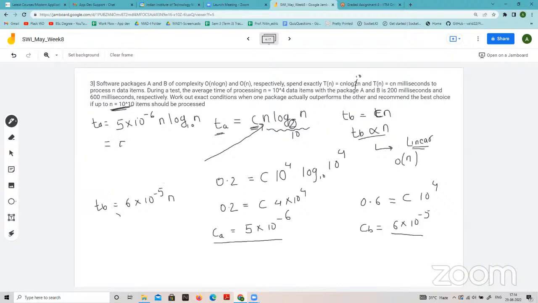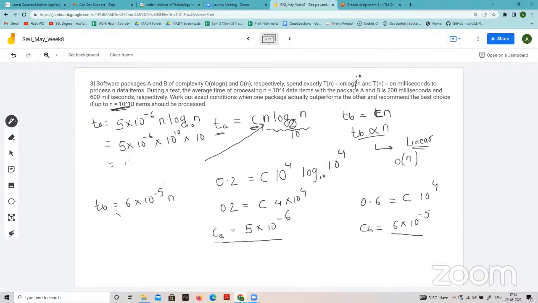So it will be 5 into 10 raised to power minus 6 into n. So it is 10 raised to power 10, and this will give me 10, right? I hope this is clear. Log base 10 of 10 raised to power 10, so 10 drops. So it is 10. So what do I get? I'll have to calculate this, right?